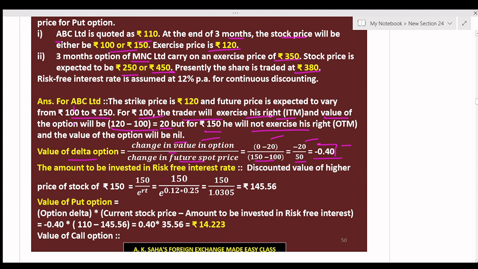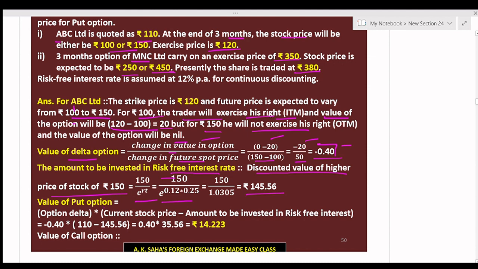Now, the amount to be invested in risk-free interest rate: discounted value of the higher price of stock, that is 150. In the call option, it is the lower value, 100. Now, present value of 150 is 150 divided by e to the power RT, and this will come to rupees 145.56.